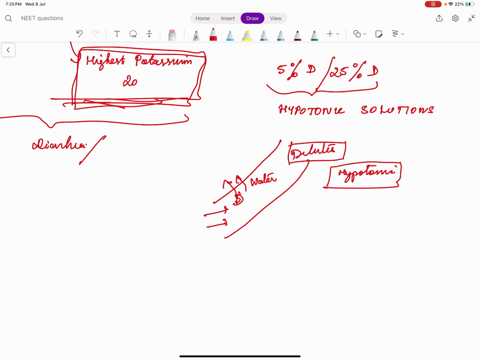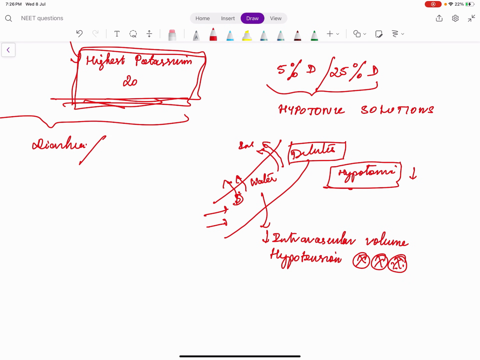Hypotonic solutions are not good for fluid resuscitation, because when blood becomes hypotonic, because of osmosis, the solvent leaves the plasma and enters the interstitial fluid. So it leads to reduced intravascular volume and hypotension. So dextrose containing solution is not good in hypotensive conditions.